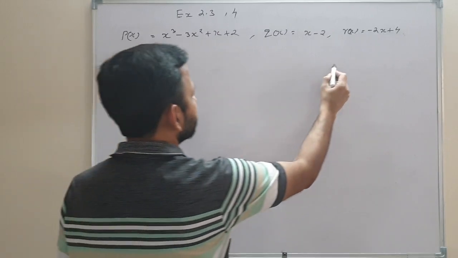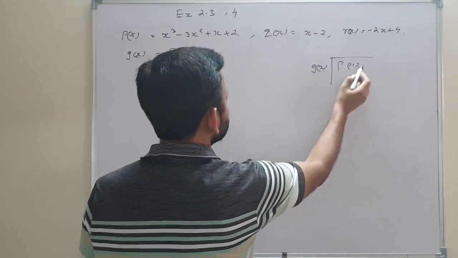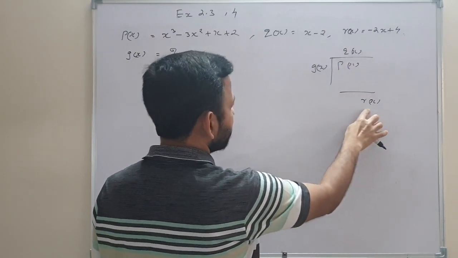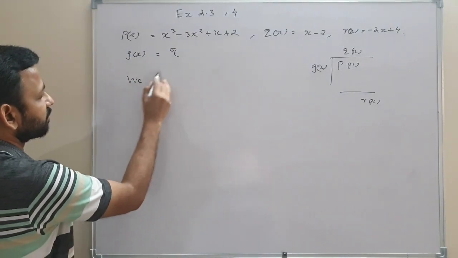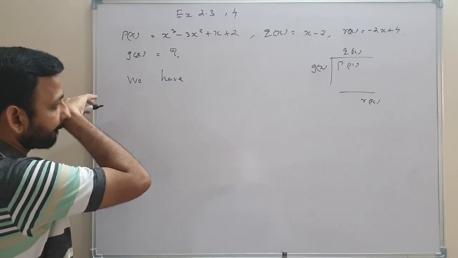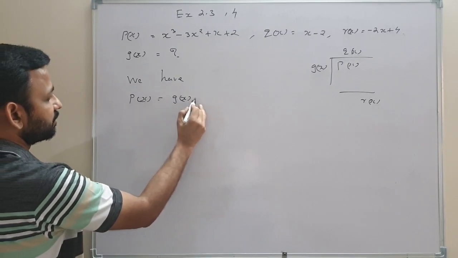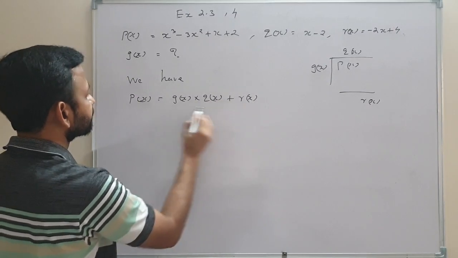So here when we divide p(x) by g(x), we get q(x) and r(x). r(x) is the remainder, q(x) is the quotient. So we can write the division rule: p(x) is equal to g(x) into q(x) plus r(x).